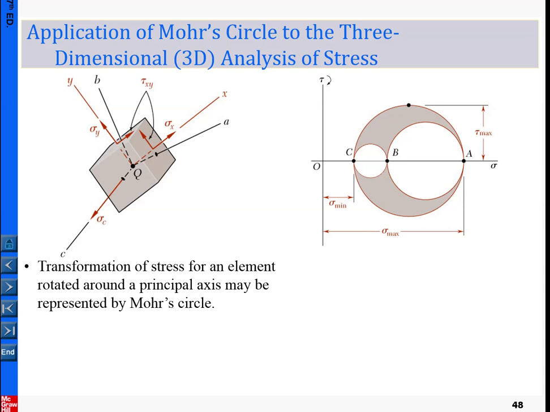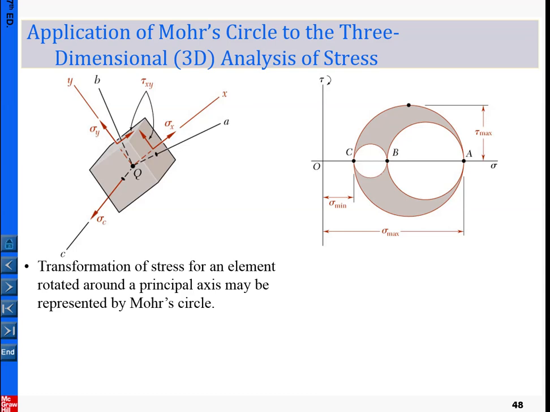So usually the Mohr circle is a build-up for taking care of the transformation of the 2-dimensional stress. But here we can generalize this kind of concept to 3-dimensional stress, as long as certain conditions are satisfied.